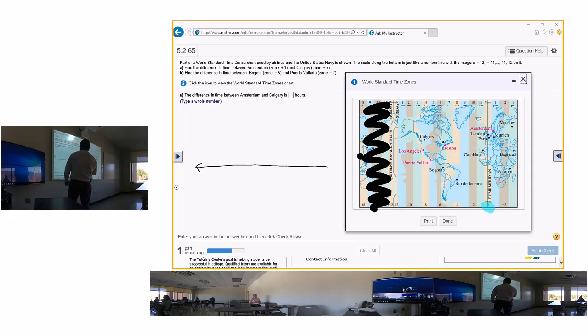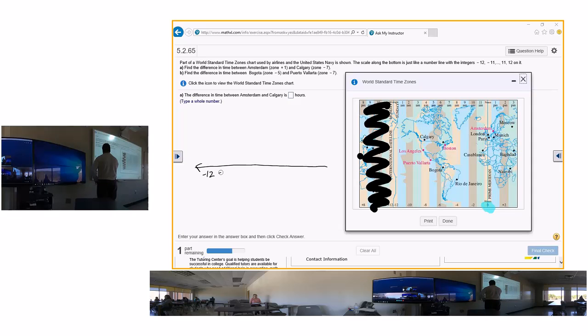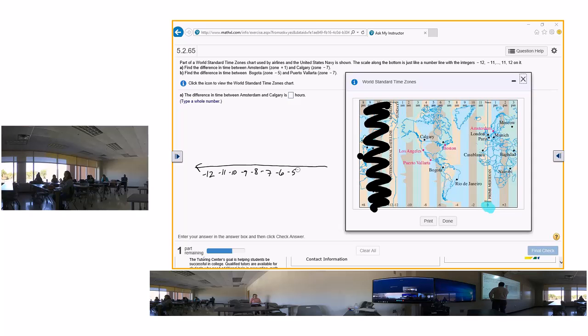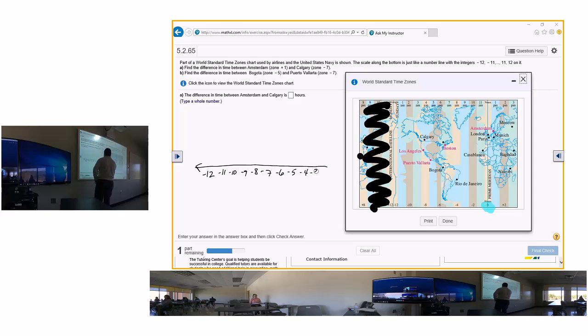And we've got negative 12, negative 11, negative 10, negative 9, negative 8, negative 7, negative 6, negative 5, negative 4, negative 3, negative 2, negative 1, 0.